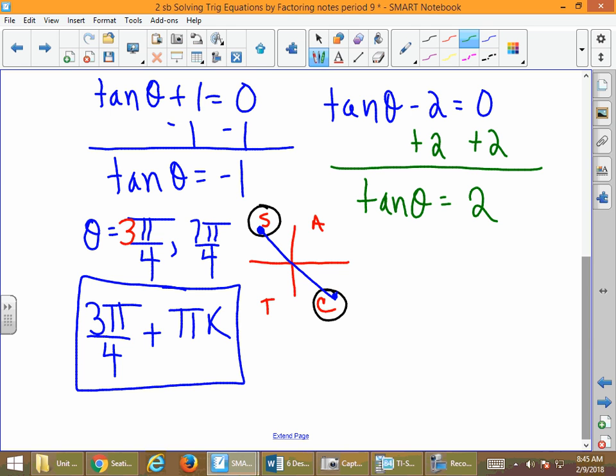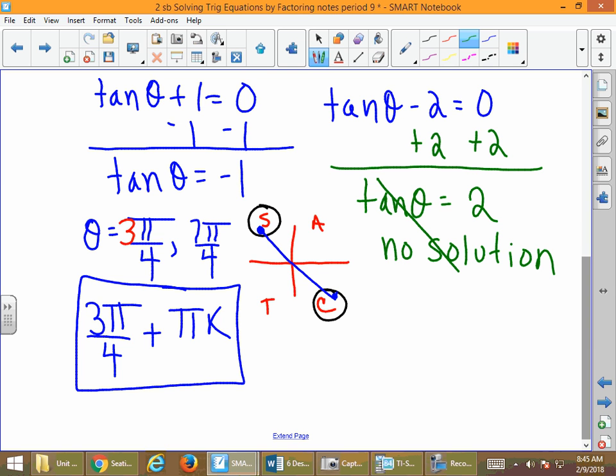Tangent of pi over 6 is radical 3 over 3. Tangent of pi over 4 is 1. Tangent of pi over 3 is square root of 3. Tangent of pi over 2 is undefined. Did I ever say 2 in there? No. We don't have any values on the unit circle where the tangent of theta equals 2. So over here, sometimes what people like to do is write no solution for this part.